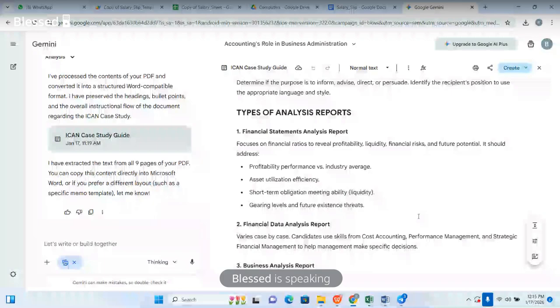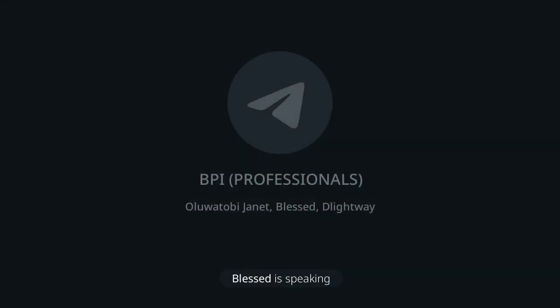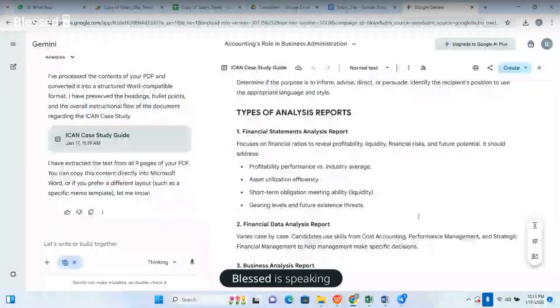If you can do ratio analysis very well, not only calculating the ratios but writing a good report on that ratio analysis, honestly speaking, in case study, you're good to go.